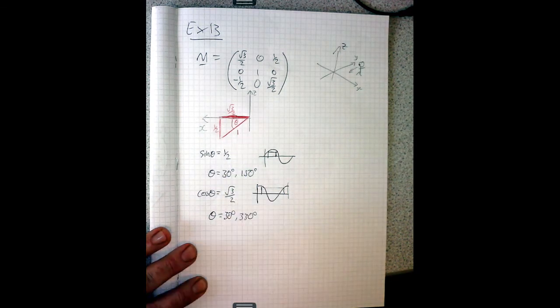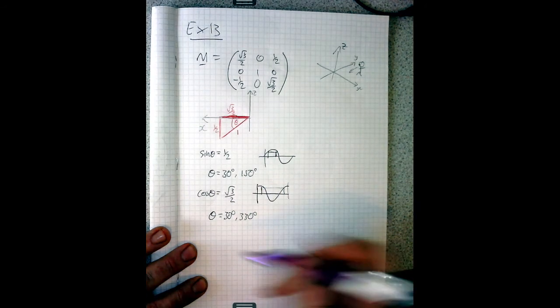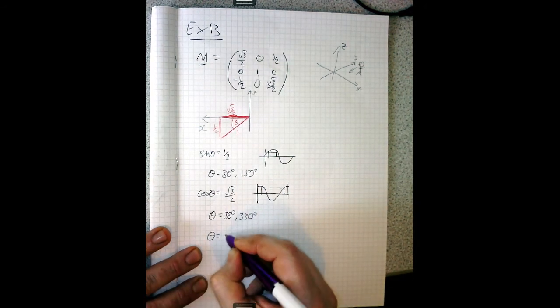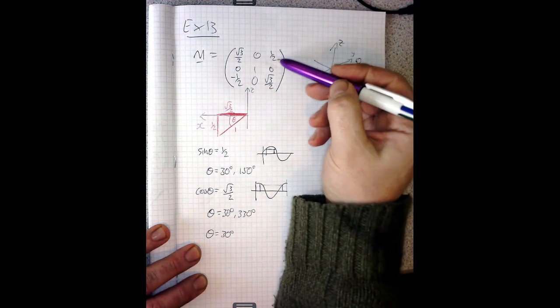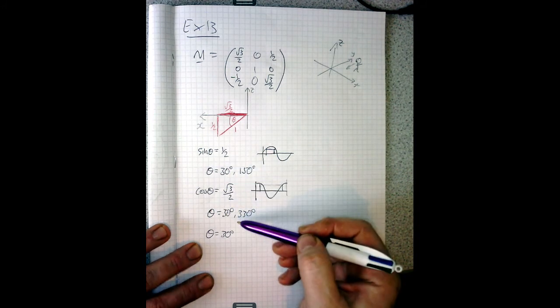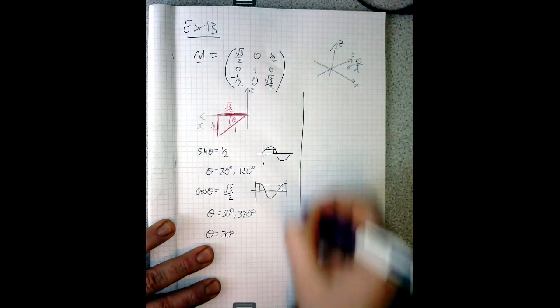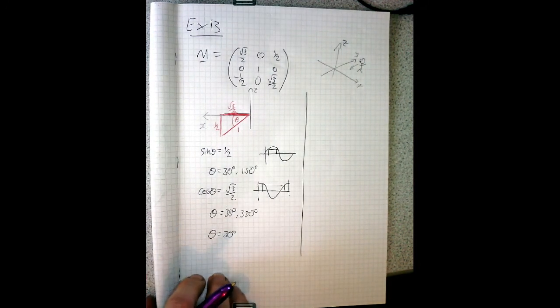Remember, on a cos graph, you take it away from 360. So it must be 30 because that's the only value of theta that fits both of those equations. Also, it's clearly an acute angle, it must be 30. So theta is 30. I could have done that using the z vector, and I end up with the same equations.